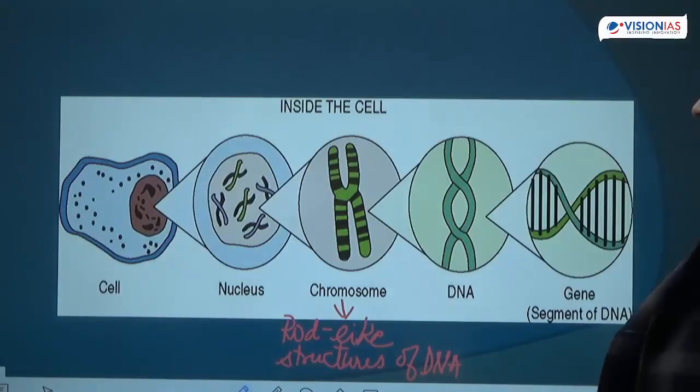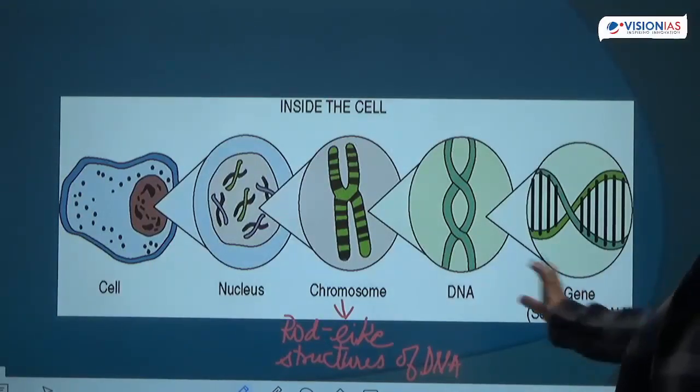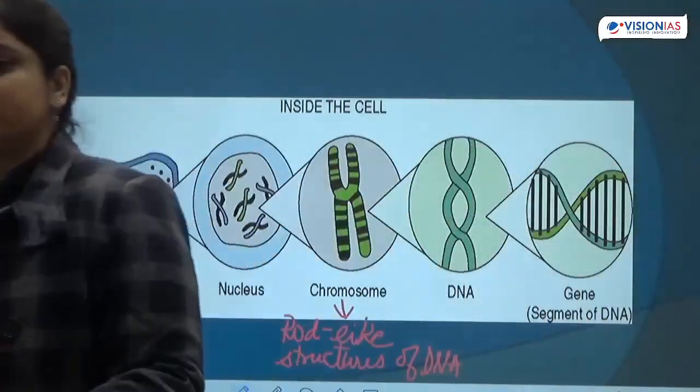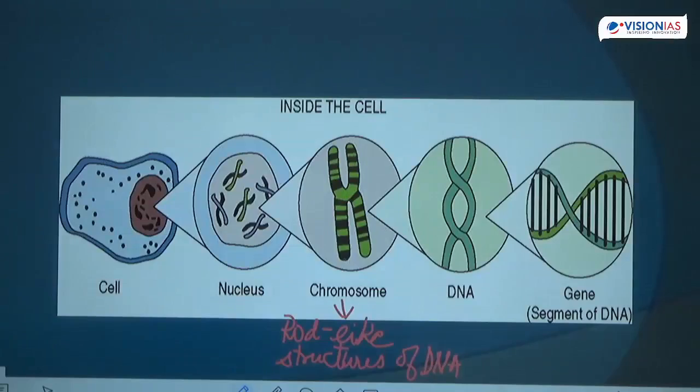We'll see further how this works, but at least till here it should be clear. That there is a cell, the cell has a nucleus, the nucleus has chromosomes, chromosomes are made up of DNA, and segments of DNA are what we are going to be calling the gene.